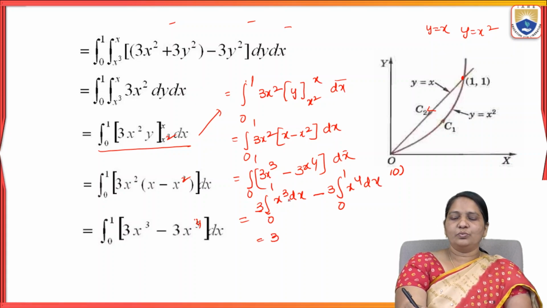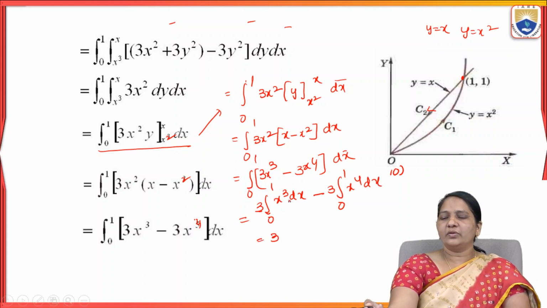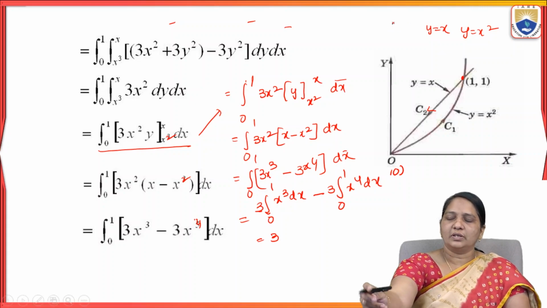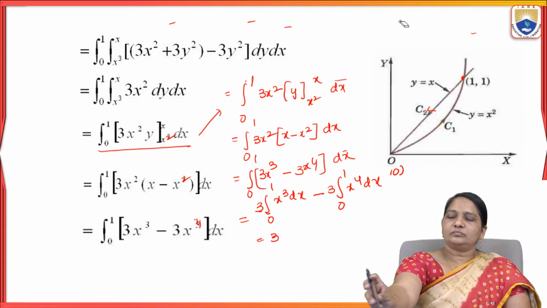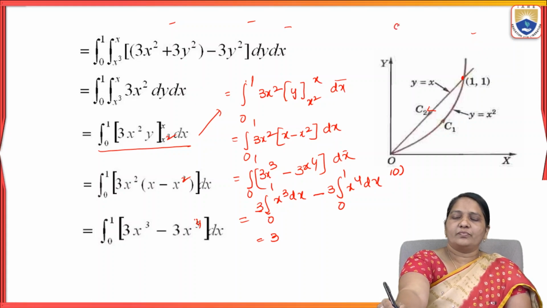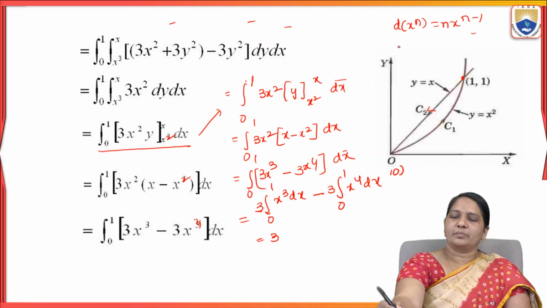Now 3 into integral x cube. We already know the integration formula. We discussed before that the derivative of x power n is n into x power n minus 1. Here, the integral of x power n is x power n plus 1 by n plus 1.